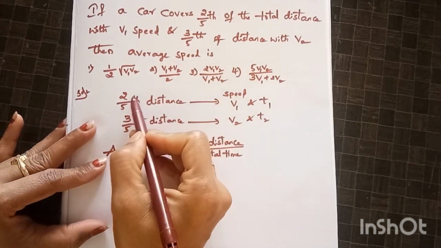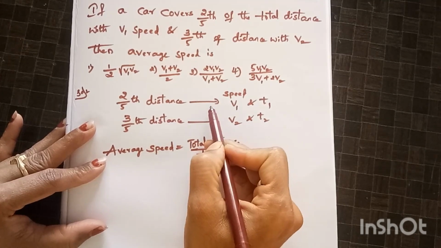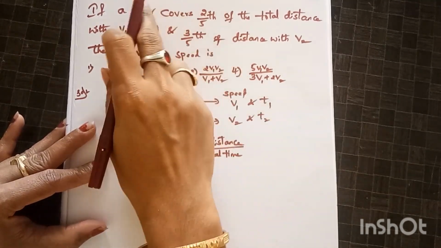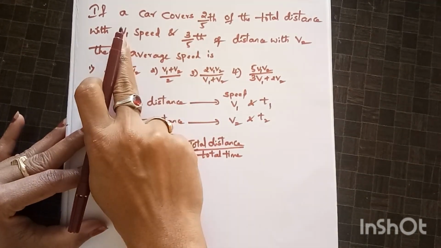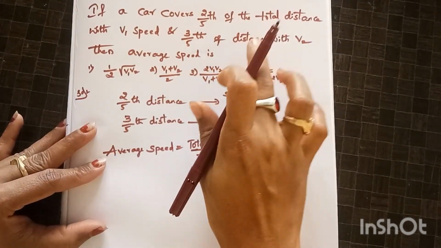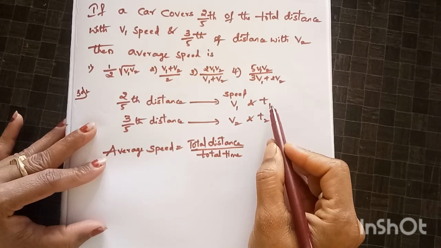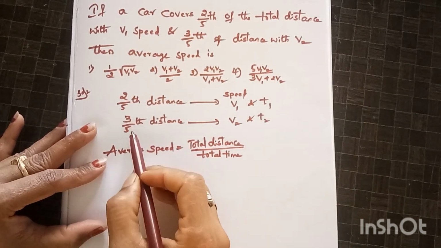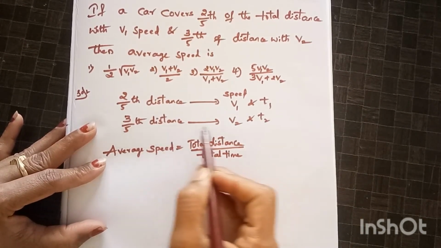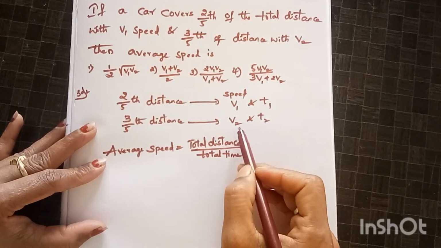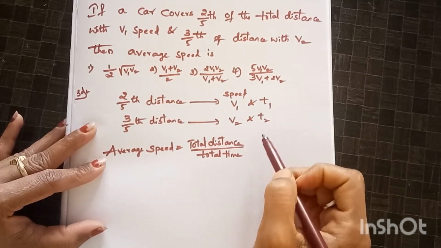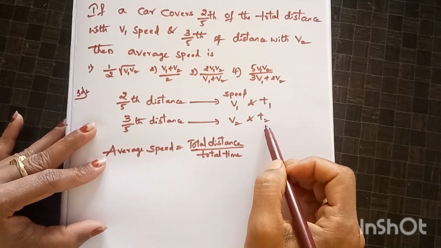So 2/5 of the distance is with a speed of v1. He did not mention any time to find the average speed, so we are considering it as t1. And 3/5 of the distance is traveled with a speed of v2, and there also no time is given, so the time is t2.